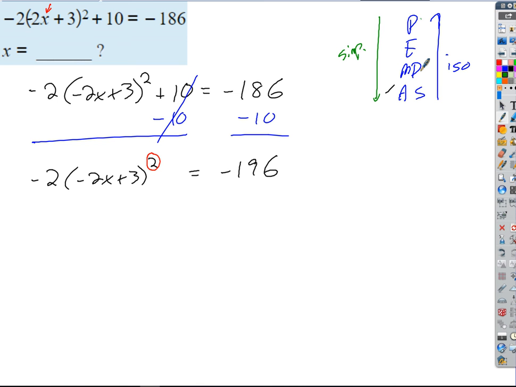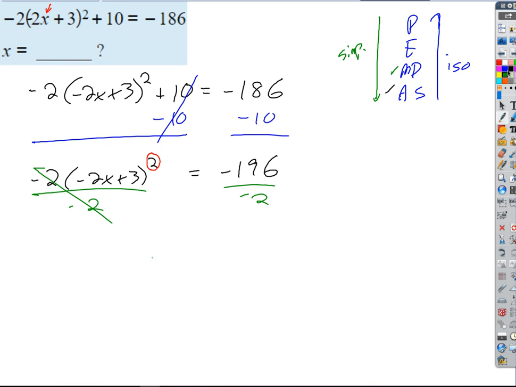Multiply, divide, right? If I'm isolating, I'm going bottom to top. So I've got to undo that multiplication by dividing each side by negative 2, right? Okay, so that cancels the negative 2s. Good. Everything I've done has taken something away from the left side to help us isolate that x, right?